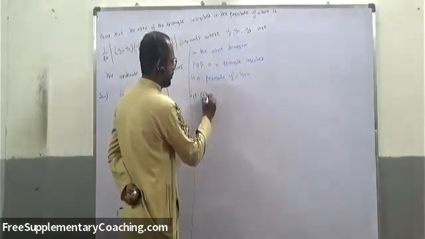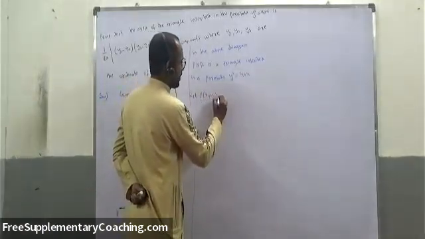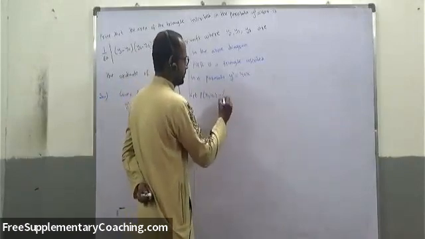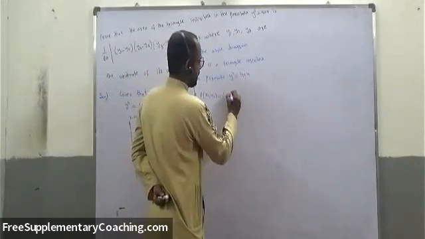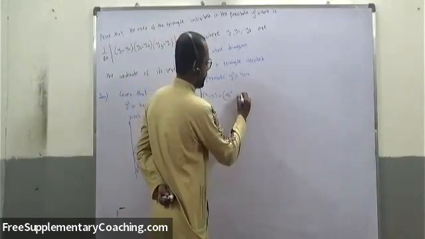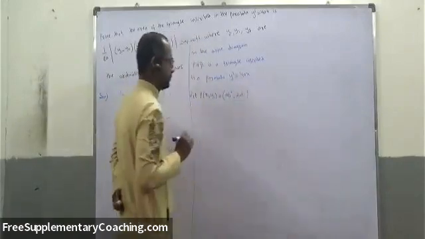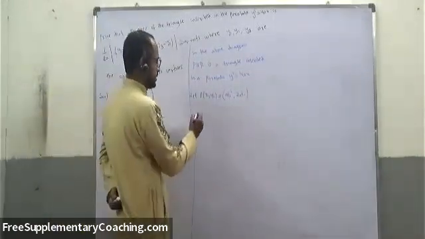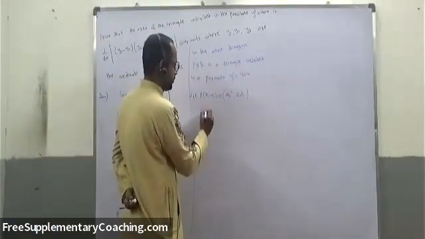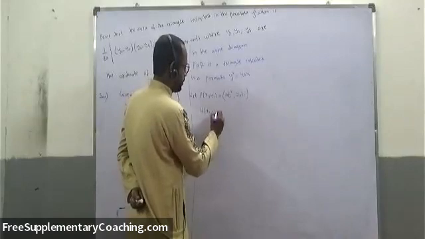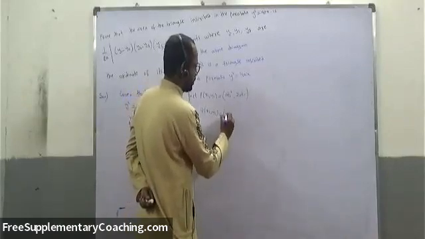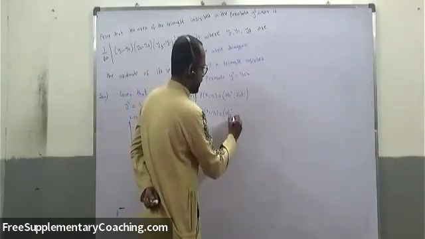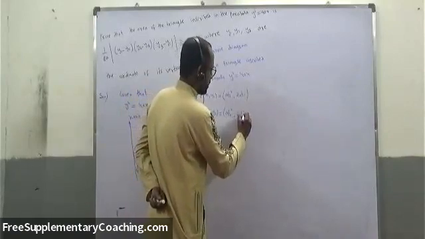Let P of x1 comma y1 is equal to a t1 square comma 2a t1. This is my first point here. Next, Q x2 comma y2 is equal to a t2 square comma 2a t2.